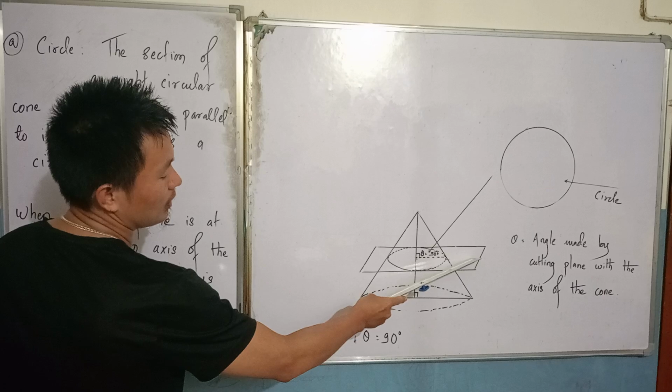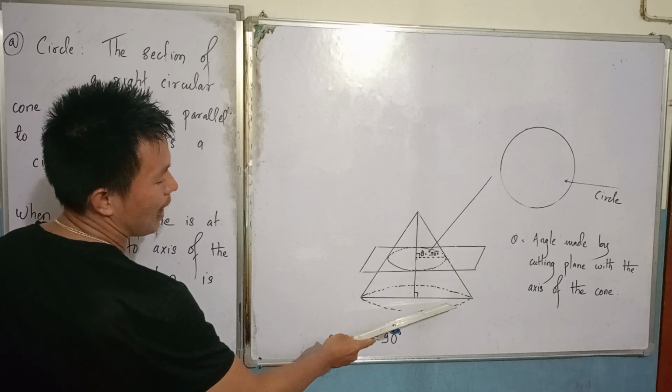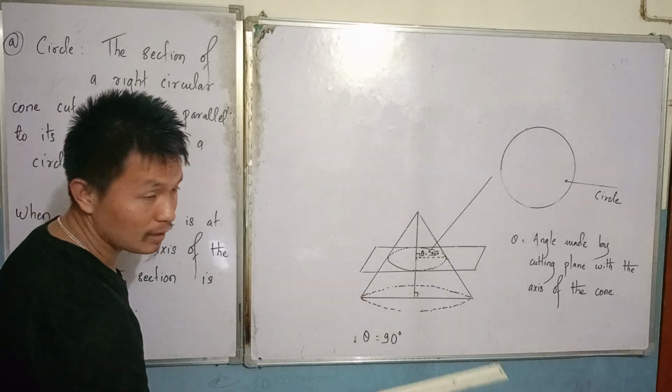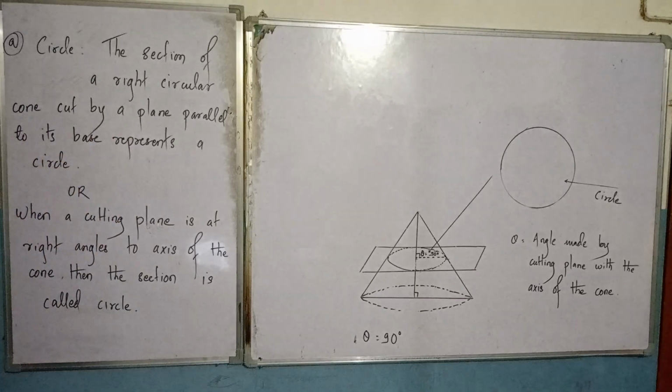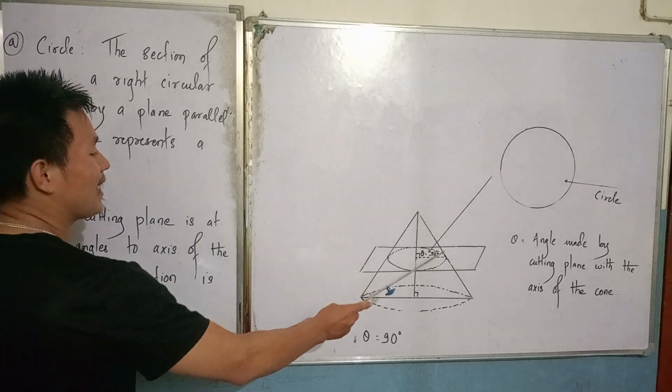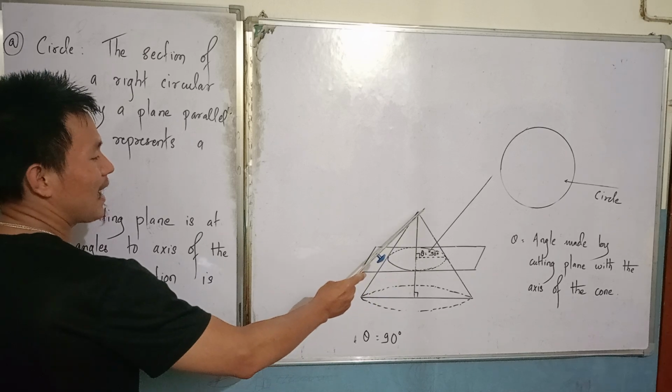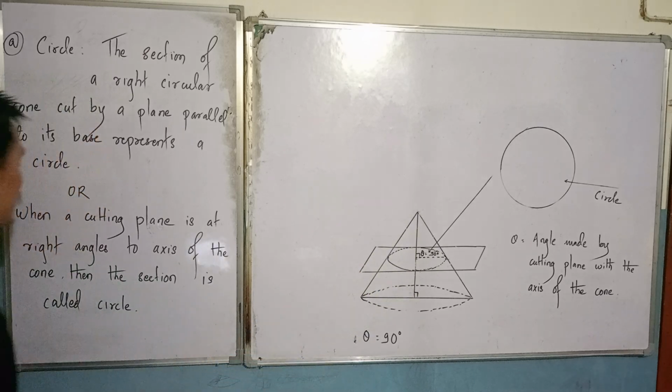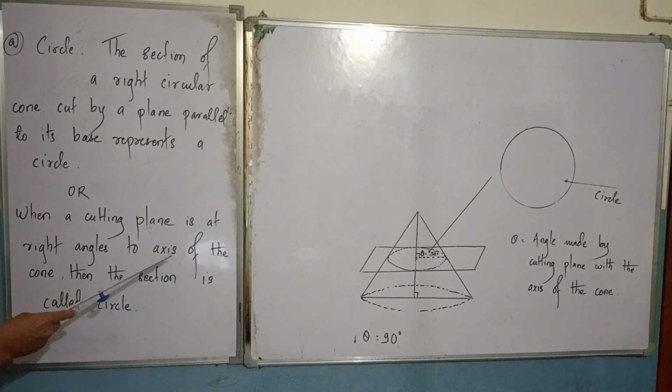Or in other words, when a cutting plane is at right angles to the axis of the cone, then the section is called a circle.